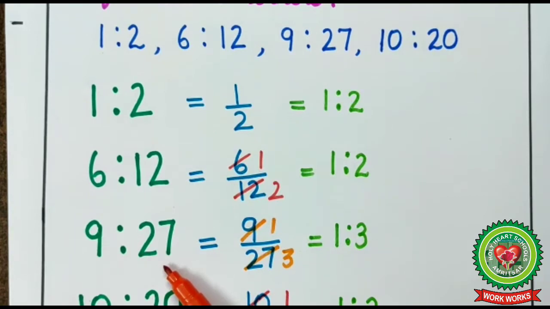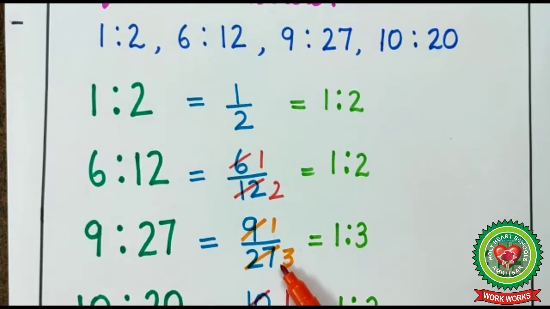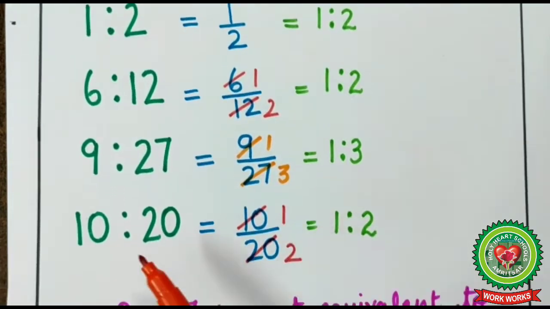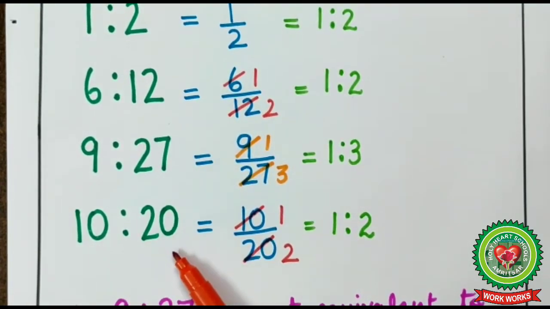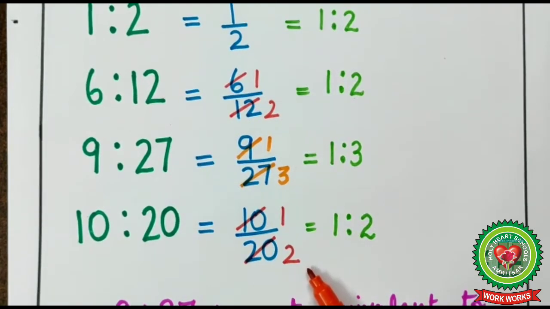So we can express it as 9 upon 27. Now do cutting. 9 ones are 9. 9 threes are 27. Here in simplest form it comes 1:3. Next one is 10:20. So 10 upon 20. 10 ones are 10. 10 twos are 20. In simplest form it comes 1:2.